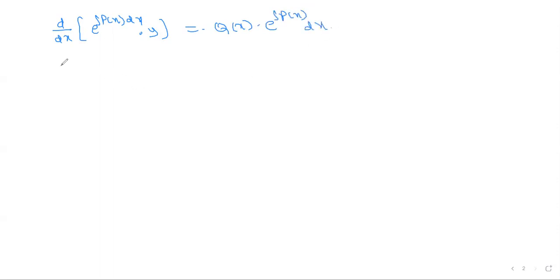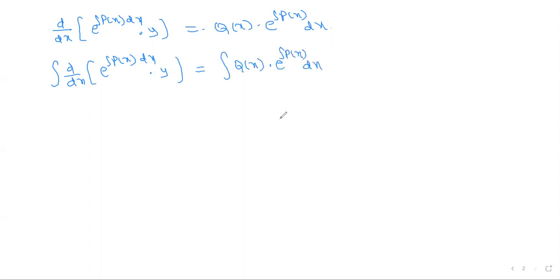Integrating on both sides, the integration of d by dx of e power integral p of x dx into y is equals to integral q of x into e power integral p of x dx into dx.